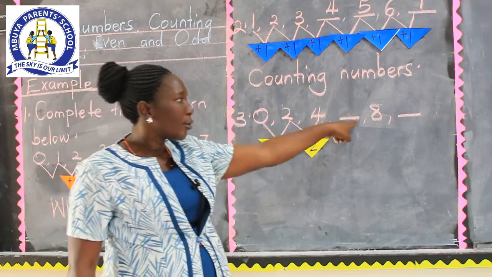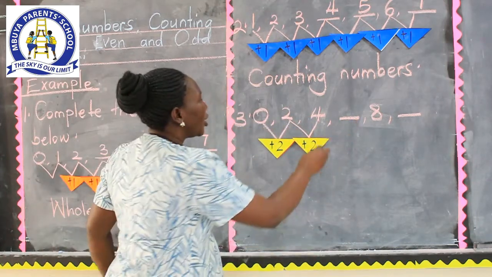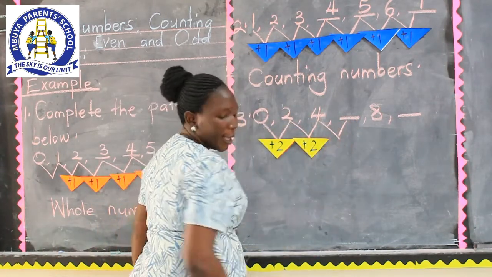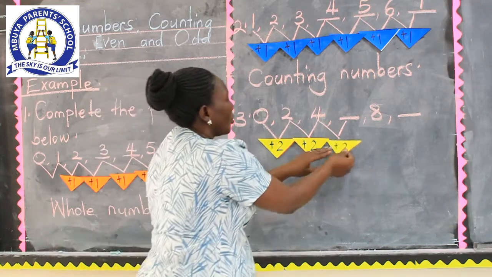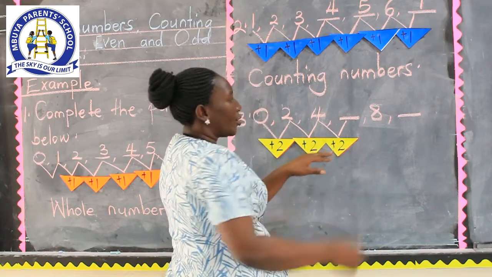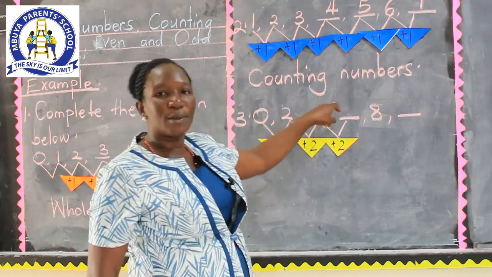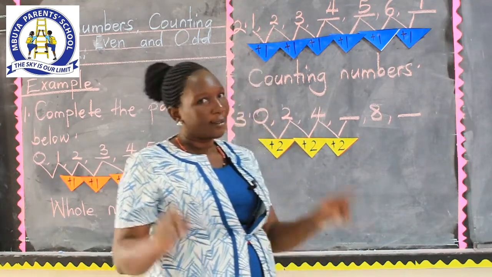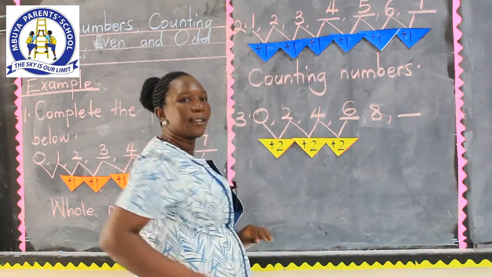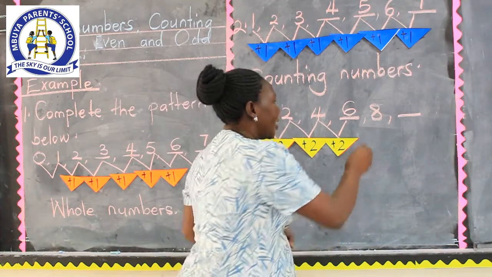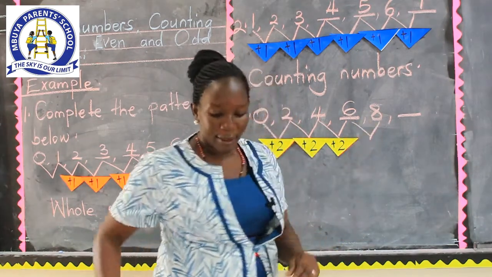That means to get the missing number, we shall add 2. So ask yourself, 4 plus 2. What's the next number? You will automatically tell me it is 6. So to get 8, we are moving with the same pattern.